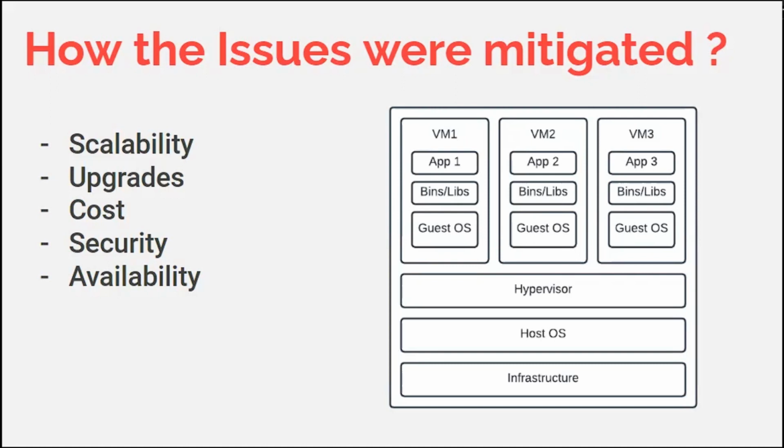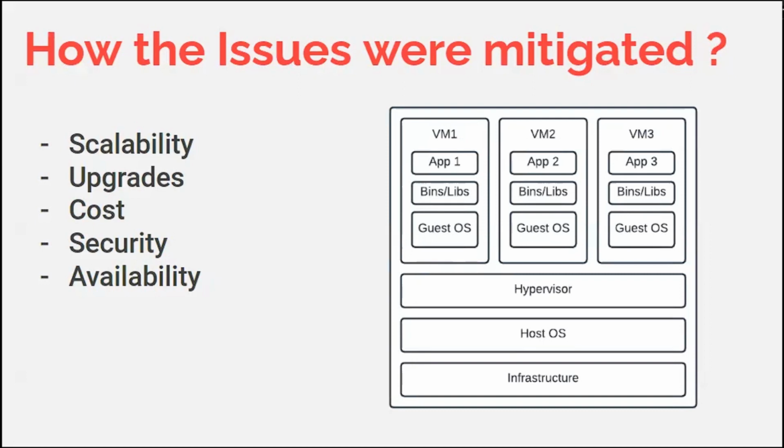Above that infrastructure, they have the host OS, which is the OS running on the infrastructure that they have, and on top of that, there's something called a hypervisor. What the hypervisor does is it runs on the host OS and virtualizes the resources available on the host infrastructure.